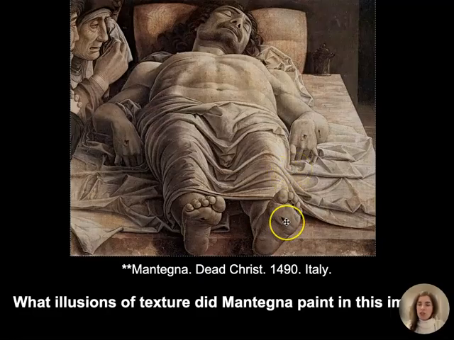So the flesh, the textures of the flesh, are something to point out. We can also see the stone that he lies on, right? The stone has a coldness and angular quality to it. You can see the texture of the material. This is probably meant to be an ointment or a kind of liquid that was being brought to anoint, that's the term, anoint his body after he had died.